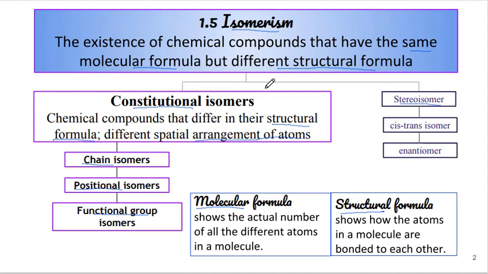Okay, so let me just give you a very simple example lah. A very simple example would be methanol. Okay, alright. So methanol is CH3OH. Sometimes they can give it like this also.